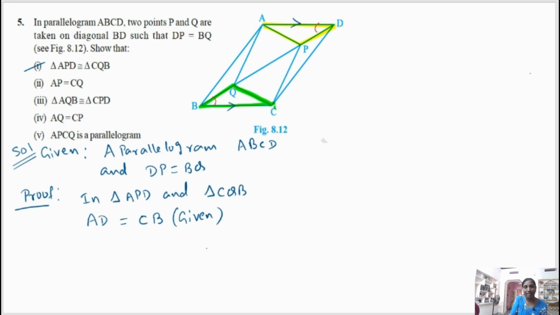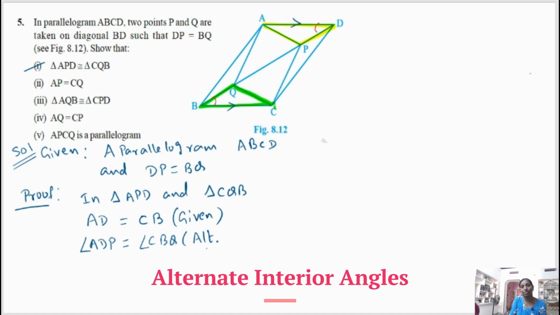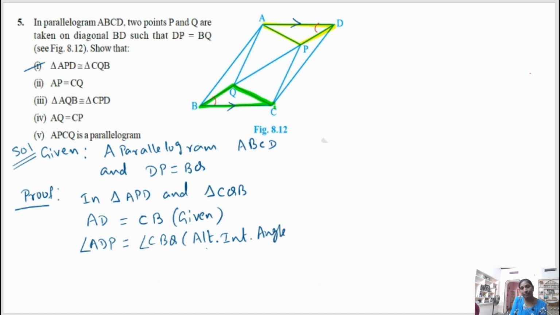We should write angle ADP is equal to angle CBQ. Why? Because alternate interior angles. You write the full spelling, alternate interior angles. This is the reason. We have to mention the reason.